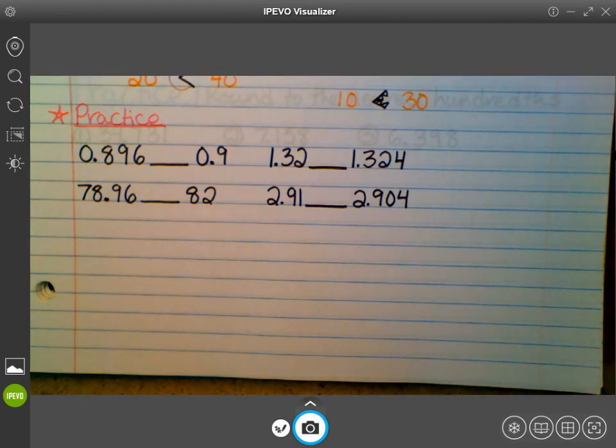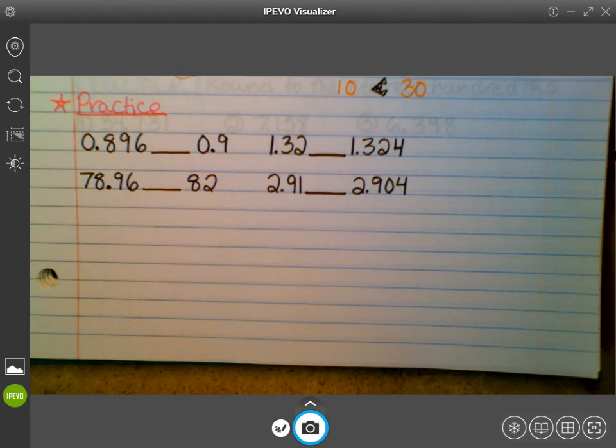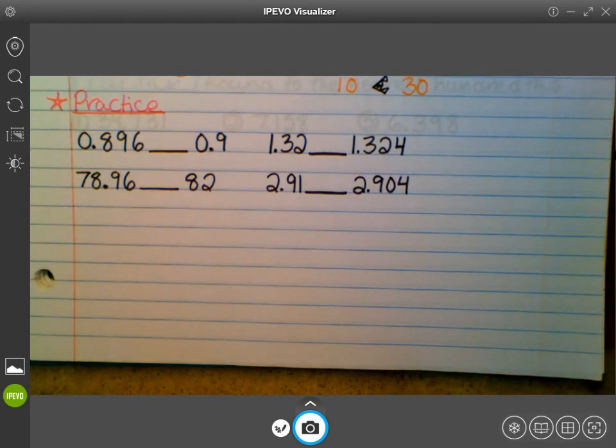So I want you to write down these practice problems, and then I want you to solve them. Put in the space the greater than, less than, or equal to symbol, depending on which number is greater, which one is least, or if they are equal. When you are done, I will know you are done if you have a thumbs up on your desk and are sitting quietly, or if you're reading.